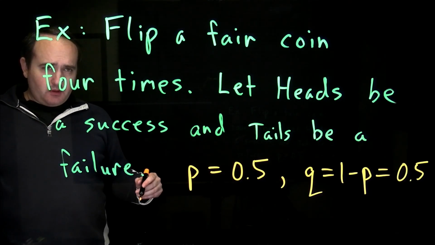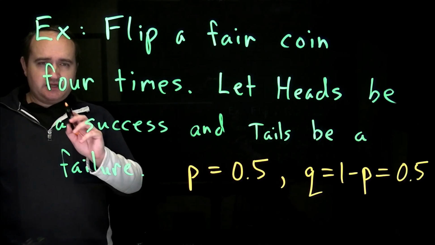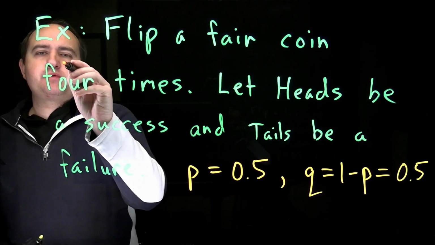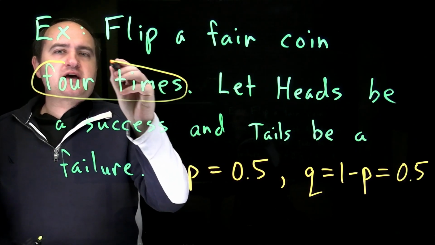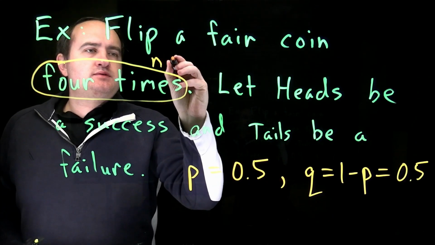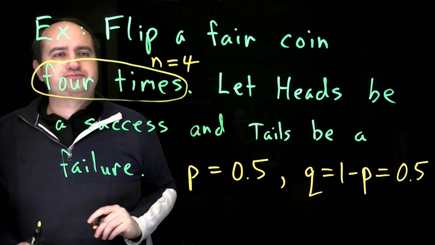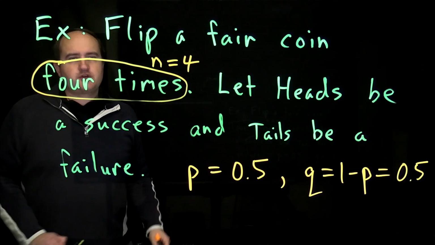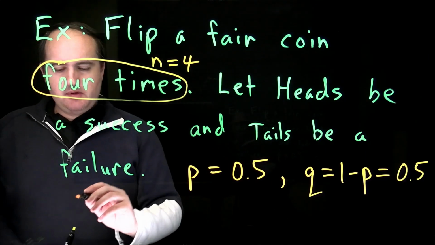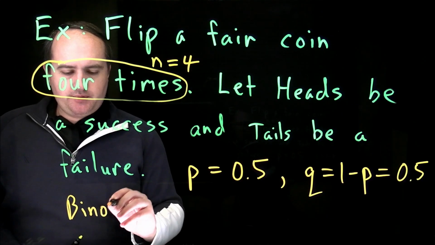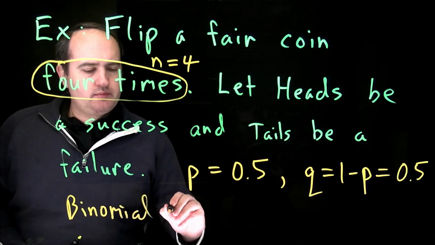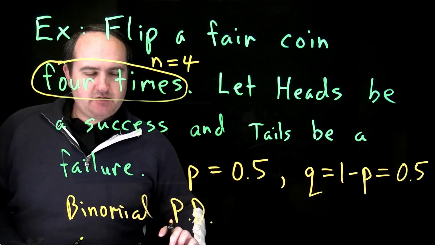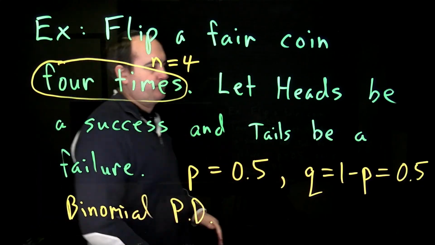Now, the number of trials is going to be labeled as n. So because we flip a fair coin 4 times, that means n equals 4. Okay? So this is an example of a binomial probability distribution. I'll just write PD, standing for probability distribution.